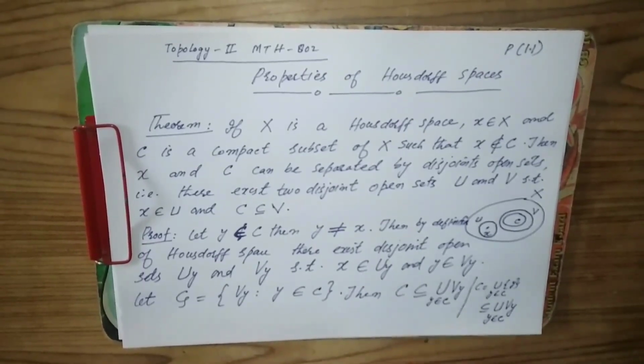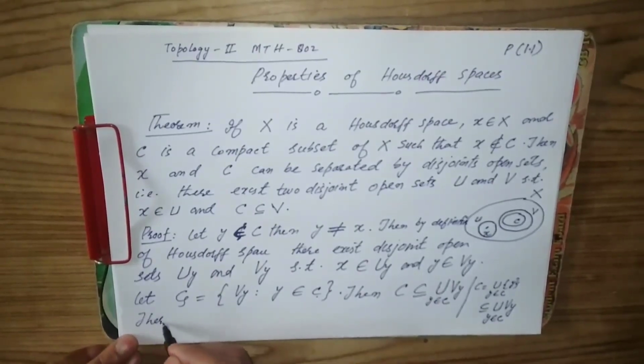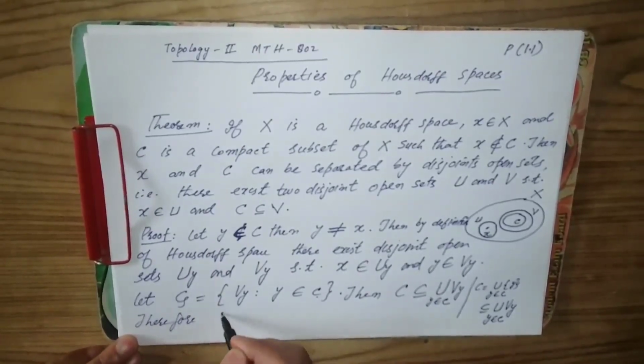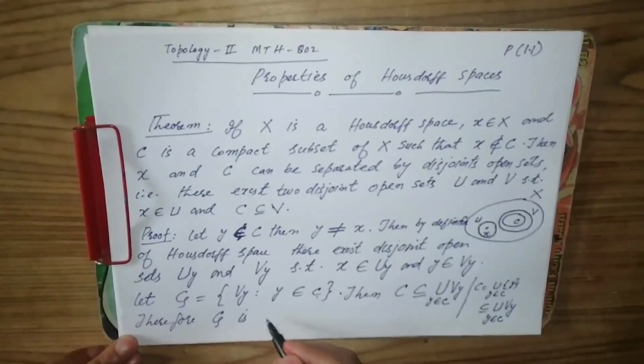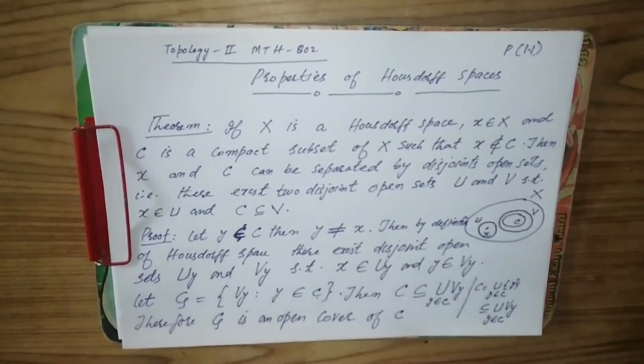So that means this class, cursive C, is an open cover of C, and C is compact. Therefore, this open cover of C can be reduced to a finite subcover.